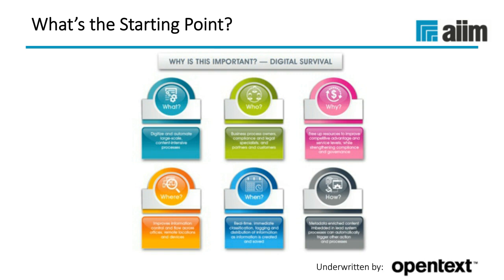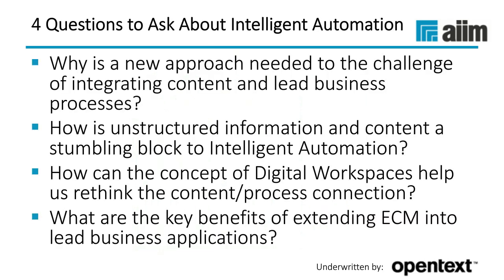And so the 4 questions that we wanted to talk about today with regards to intelligent automation: first of all, why is a new approach important? Why do we need to view this differently than we have in the past? Secondly, how is unstructured information a stumbling block to where people are trying to go with intelligent automation?